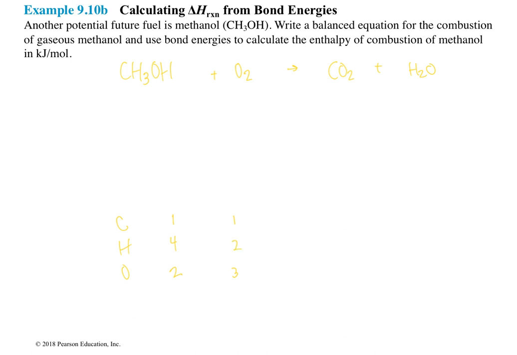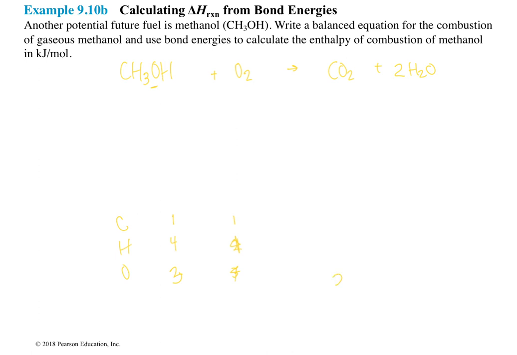In order to balance it, I'm going to need 2 waters, making this 4 hydrogens, and then I have 4 oxygens. But now I have oxygen that's split, and I'm realizing this should actually be a 3 there for my oxygen. Since I have 1 here and 1 here, I'm just going to look at how much is left.